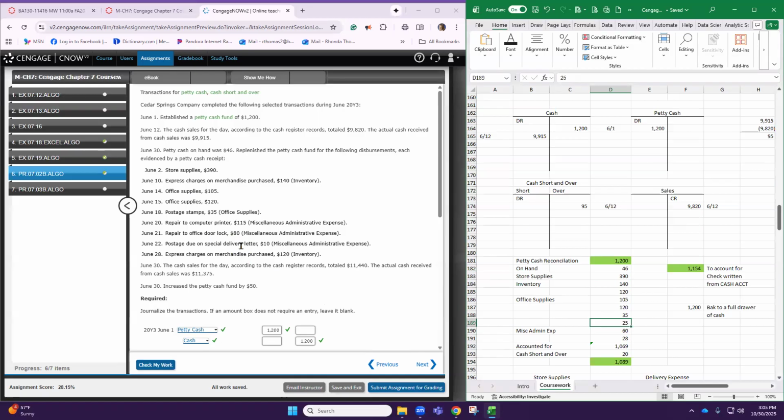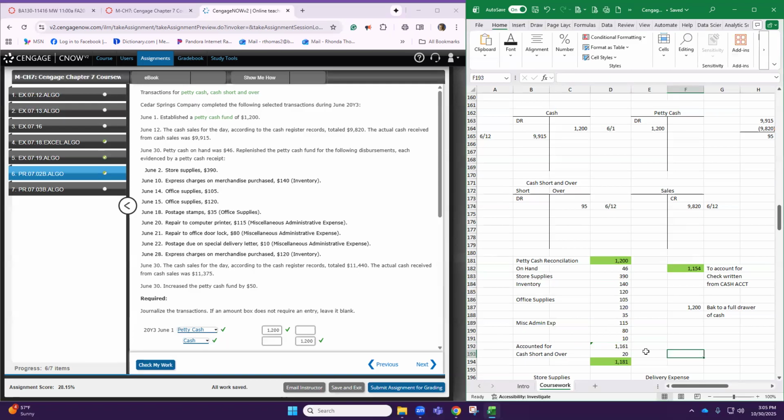So office supplies, 1, 2, 3. Now we're doing 1, 2, 3 miscellaneous expense. I'm going to put those down. $115 and $80 and 10.